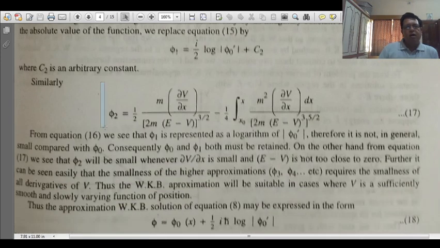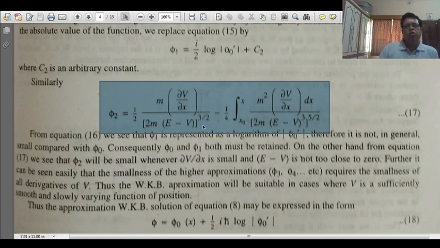Similarly, phi 2 is given by this equation. It can be easily calculated from equation C above.